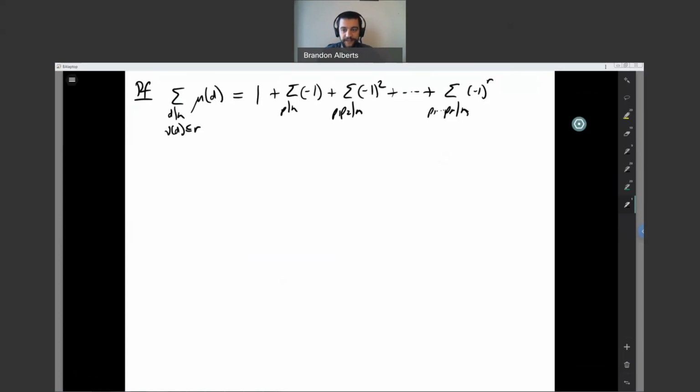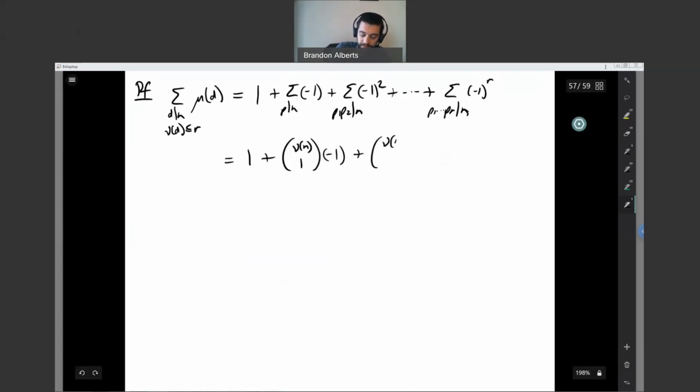Okay. We can write this out as a sum of binomial coefficients. We've got 1. How many choices are there for -1? Well, it's the same as the number of primes dividing n. Or equivalently, it's the same as choosing 1 prime out of the total number of primes dividing n. So here's the total number of primes dividing n, and we're choosing 1 of them.